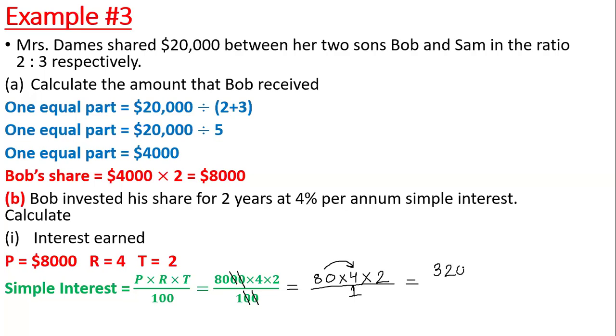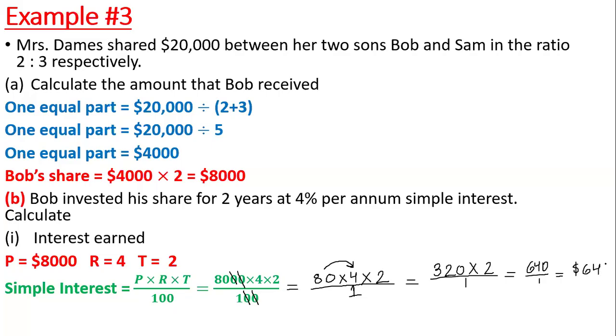But we still have to consider the 2, right? So we have 320 multiplied by 2, which gives us 640. So we have 640 over 1, which is 640 by itself. Very good.